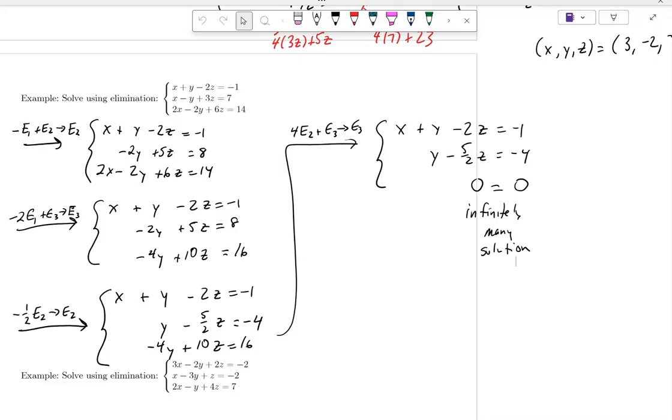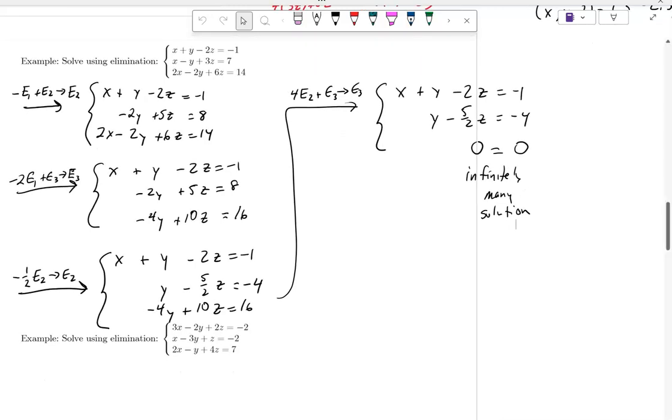We want to write them in what's referred to as parametric form. Hope talked a little bit about that when she taught. WebAssign wants you to enter it slightly differently, but it's the same concept. Notice that if I have a value for z, say z were equal to 2, could I solve for y and x easily?